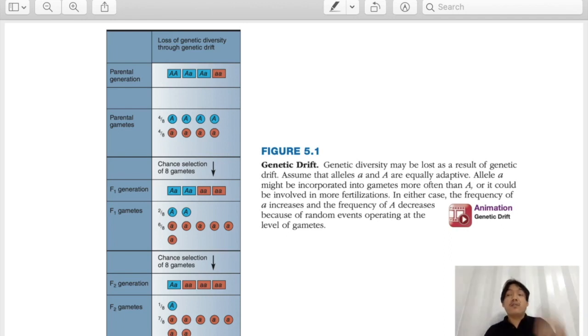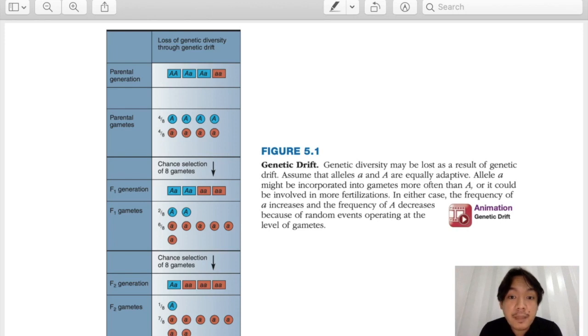So that's inversely proportional. That's happening always because of random events operating at the level of gametes. So try to look at the loss of genetic diversity through genetic drift. In the parental generation, we have homozygous big A and small a.